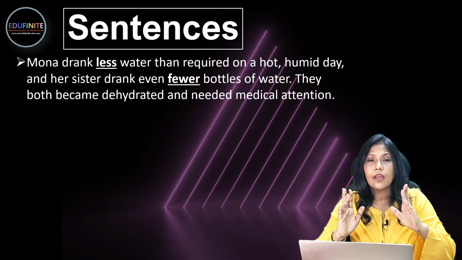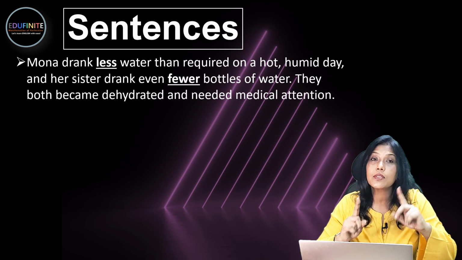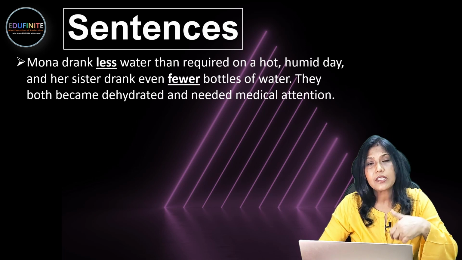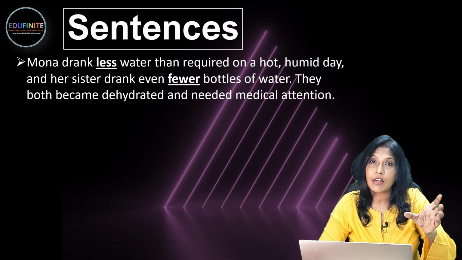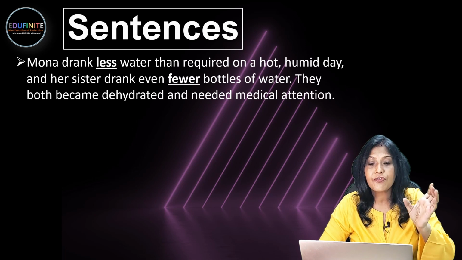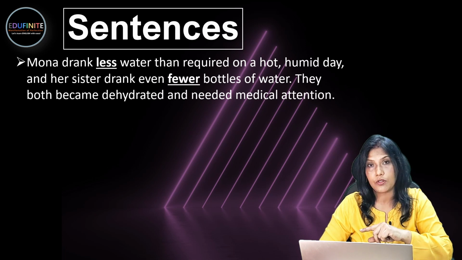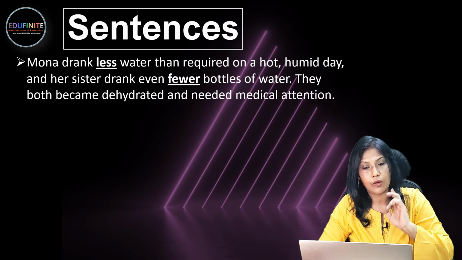So when we are saying water, water is uncountable, so I've used less with water. But when we say bottles of water, since bottles are countable, we use fewer before bottles of water, because here the focus is on bottles and not on water. So it's fewer, because bottles are countable nouns.